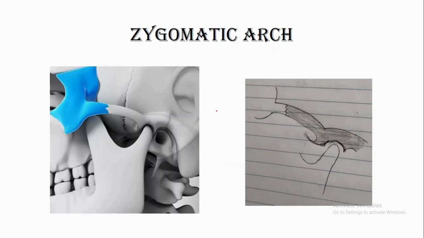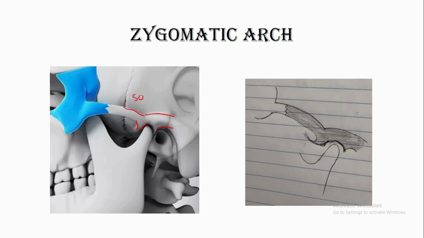Now coming to the posterior end. In the posterior end, the zygomatic arch attaches to the squamous temporal bone by two roots. First is the anterior root, and which goes posteriorly, this one is the posterior root.